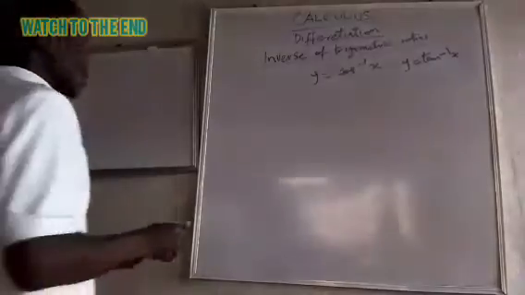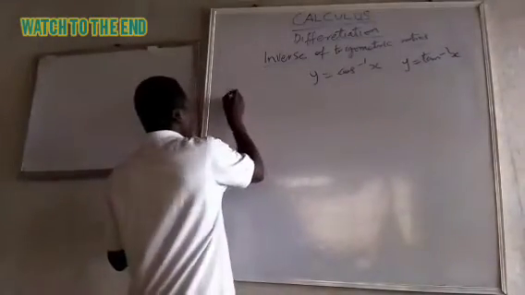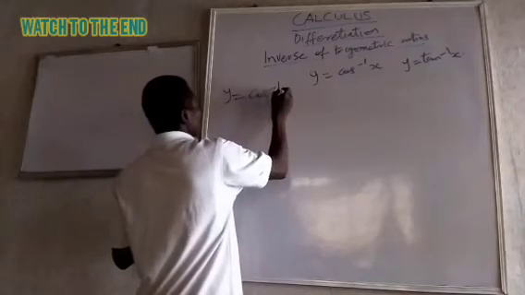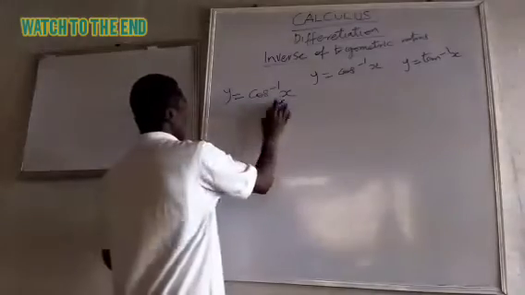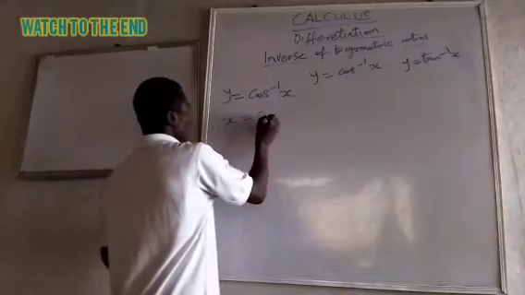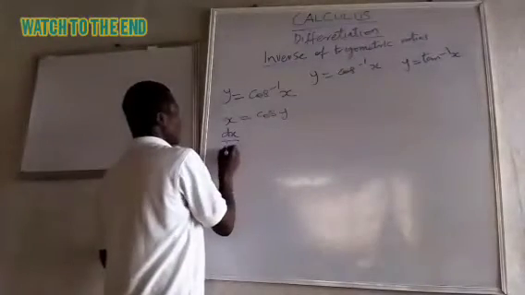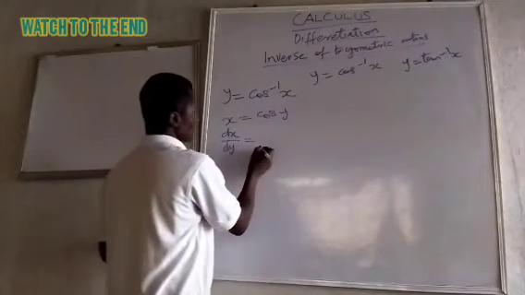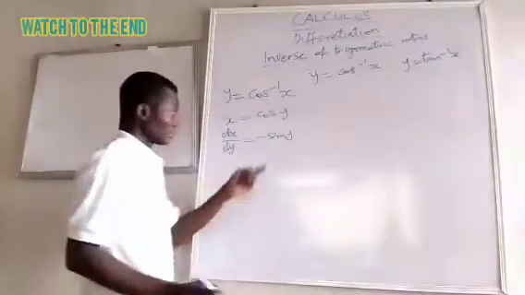If y equals, let's look at that of arc sine, arc cos, y equals arc cos x. You can now say x equals cos y. dx dy is equal to minus sine y.